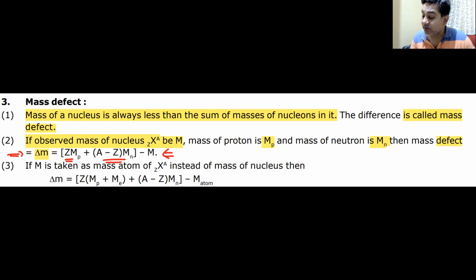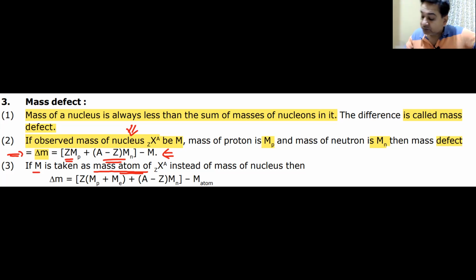So this is formula number 2. Remember, in formula number 2 we are using the mass of the nucleus. In formula number 3, we are taking the mass of the atom. There are two things: one is the mass of the nucleus, the other is the mass of the atom. If I take the mass of the nucleus, the formula is number 2.